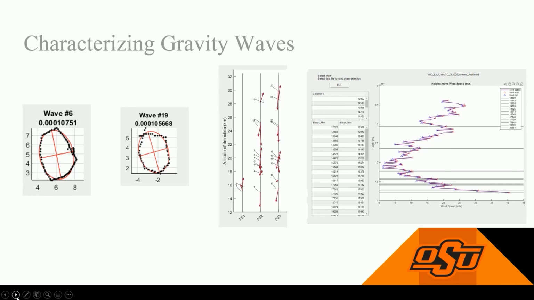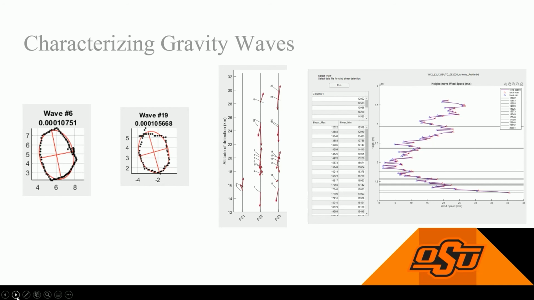And so if we look at our wind shear plots, we see that there is wind shear at about 18 kilometers up and another one at about 24 kilometers. And so that's within a couple hundred meters of the wind shear. So we're fairly confident that those gravity waves are generated by wind shear.